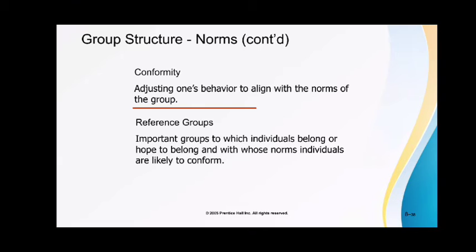Next one is a reference group. A reference group is an important group to which individuals belong or hope to belong and with whose norms individuals are likely to conform. An example of a reference group is a group of people who have a certain level of affluence.